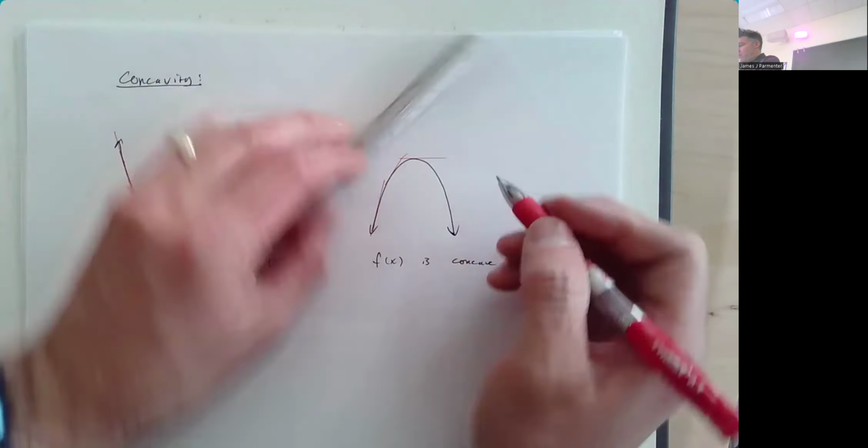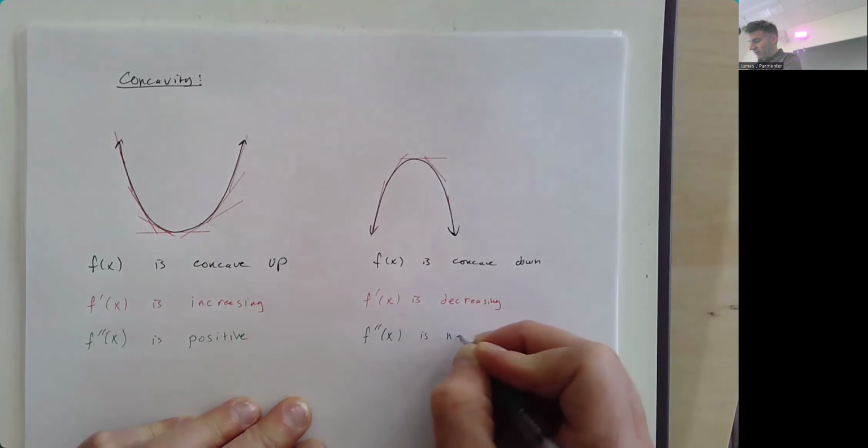So the first derivative is decreasing, right? The first derivative isn't necessarily negative or positive. It starts off positive, it gets less positive, and then becomes negative. But then the derivative of that function, since that function itself is decreasing, its derivative, f double prime, is negative.